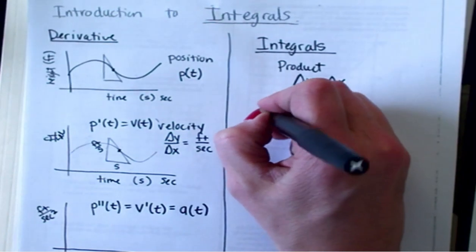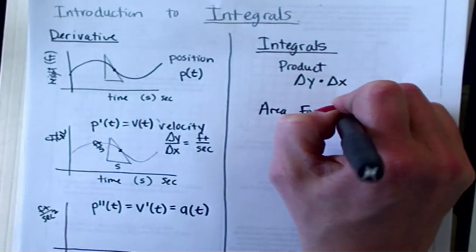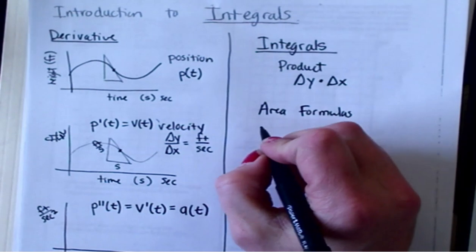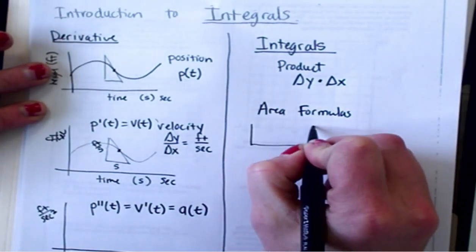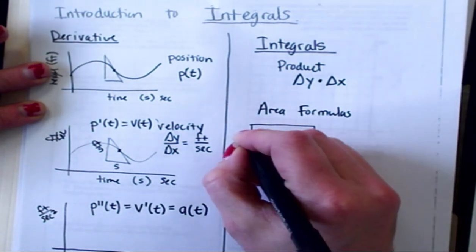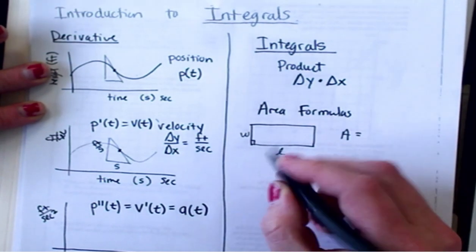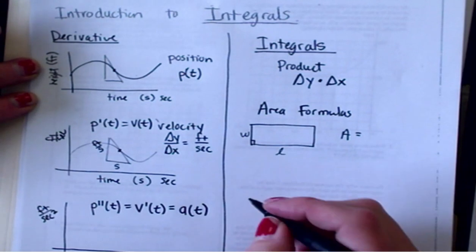And so we're going to review some of your area formulas, because when you multiply two things together, you get length times width, or area. So we're going to draw length, width, area equals. I'm going to draw the shapes. You write in the area formulas.